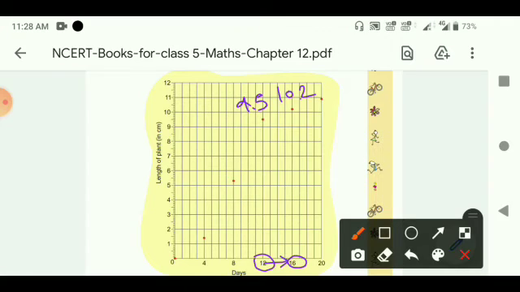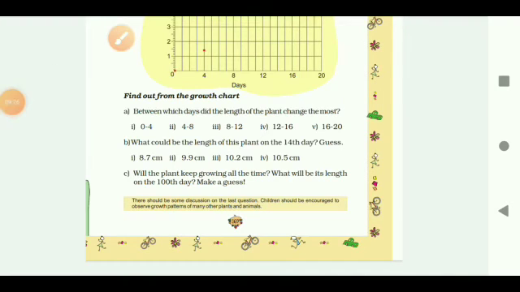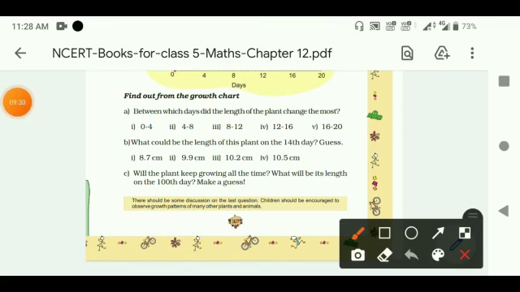So let us see the options. Here the first option is 8.7 centimeter. So it is not correct because it is less than 9.5 centimeter. Then 9.9 centimeter. So this we will see afterward. Then the third option, 10.2 centimeter. 10.2 centimeter it grew on the 16th day.